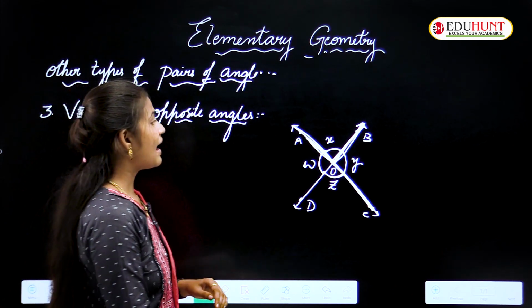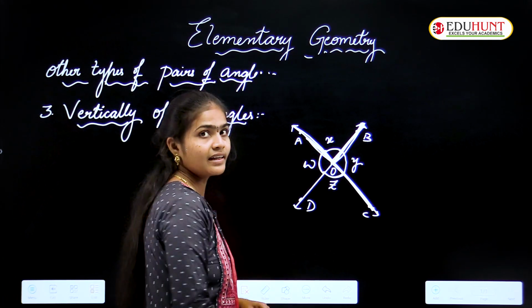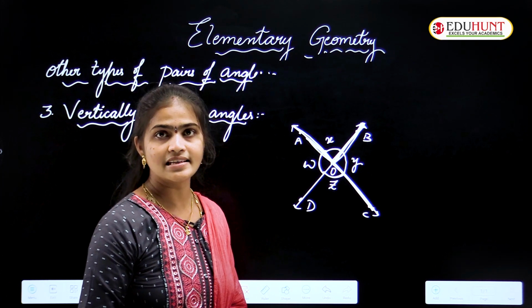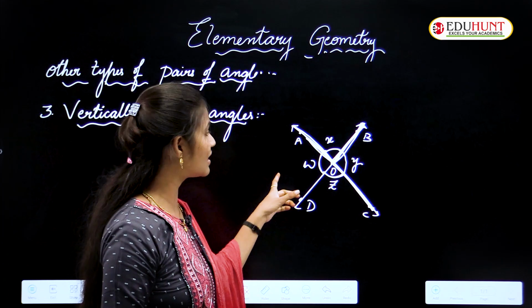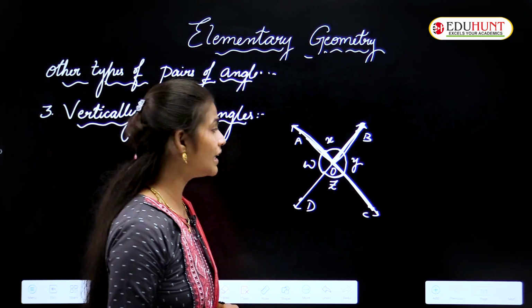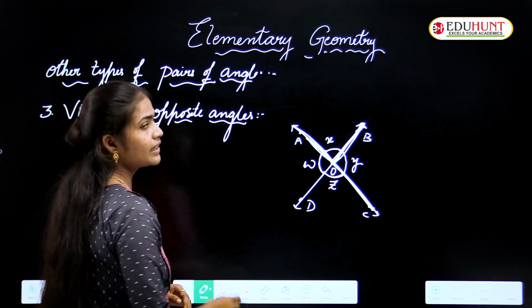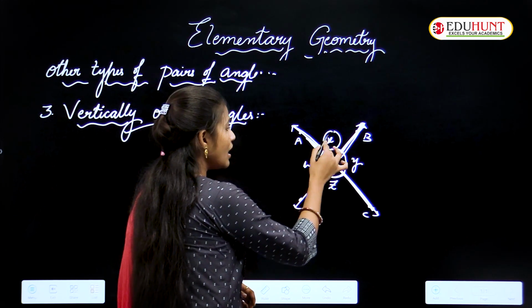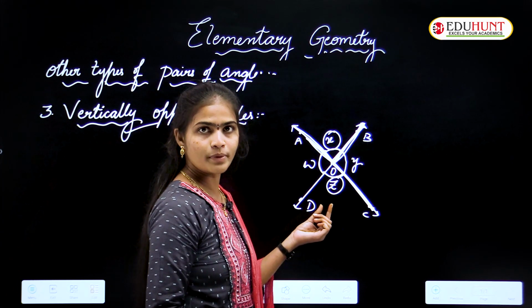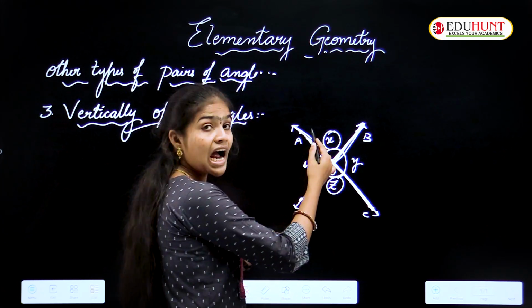At that intersection point, the angles formed opposite to each other, those two angles we call vertically opposite angles. These two angles are formed at the same common point, and they are opposite angles.